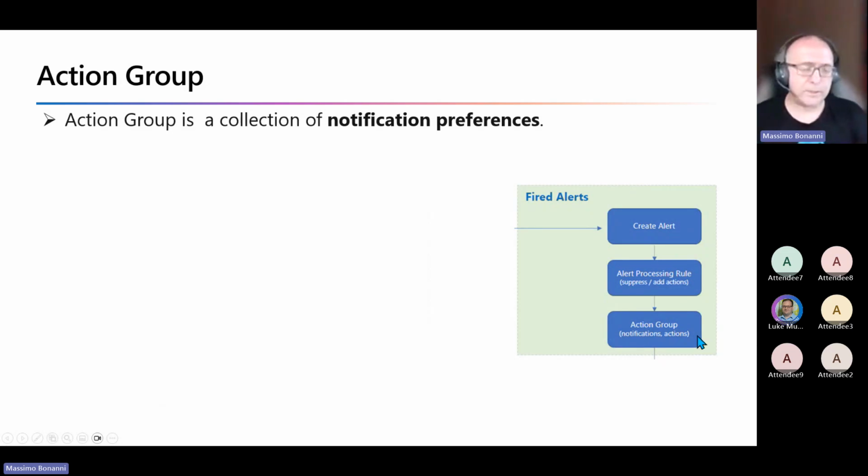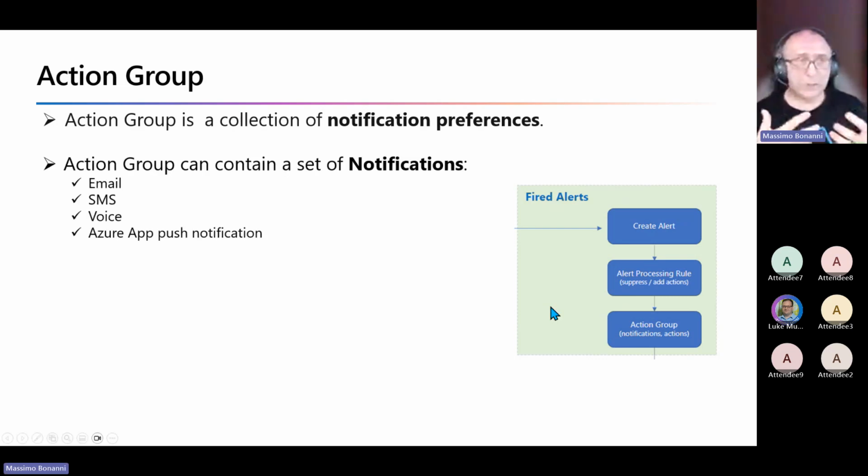In the action group, you can say, hey, when this alert is triggered, send this kind of mail and SMS and make a call and so on, and then make an action. So call this endpoint, call another platform, another cloud, call an endpoint exposed by your on-prem and so on.